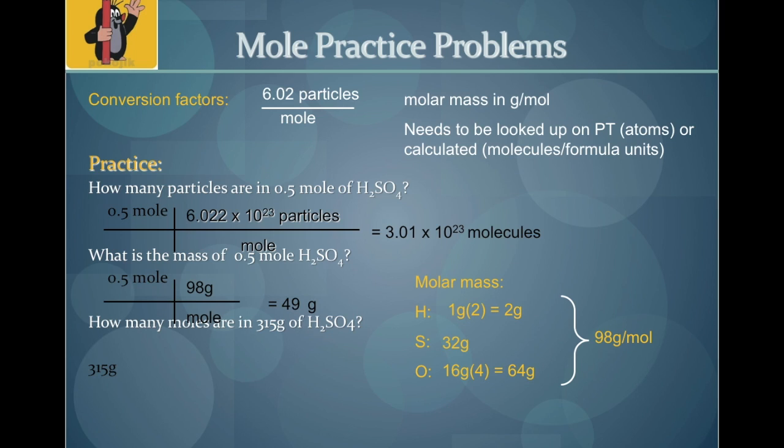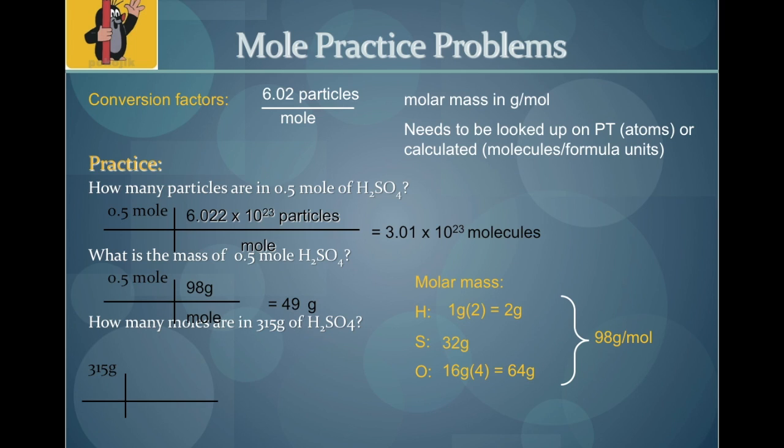And another question we can ask is how many moles are in 315 grams. So this is a little bit different. These are different kinds of problems you can solve with the mole. And so for this one, again, we always write down 315 grams. And in this case, we're going to want the molar mass conversion, and we already figured out what that is.